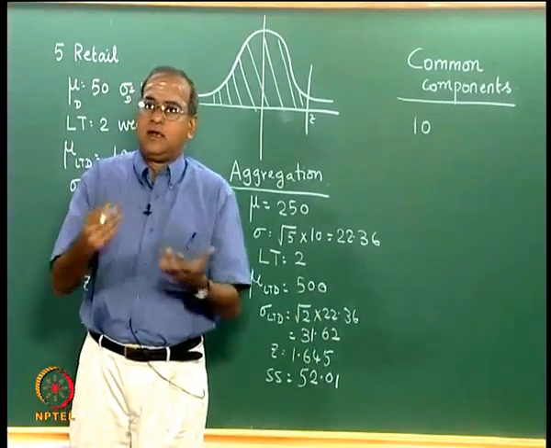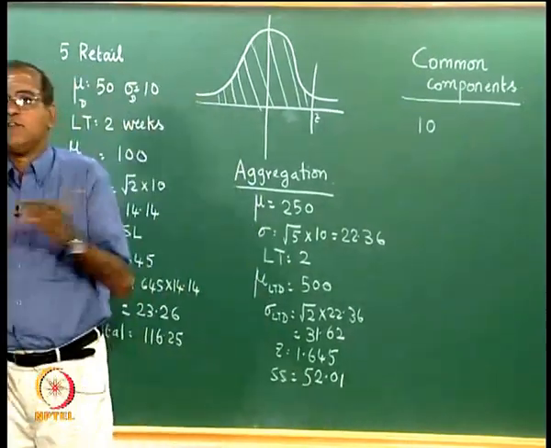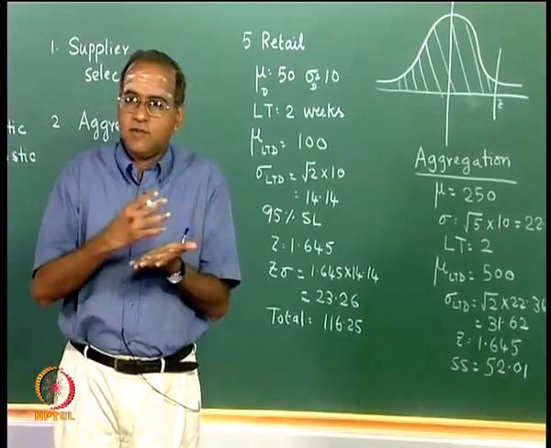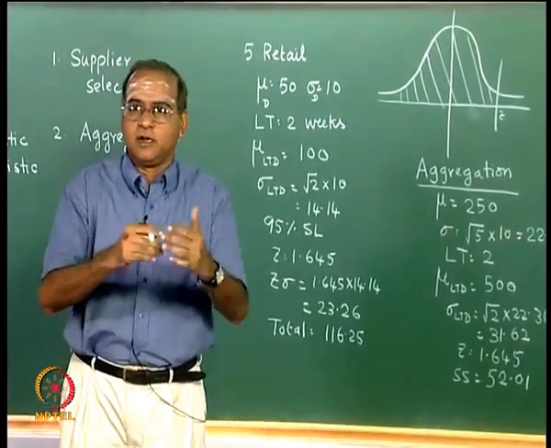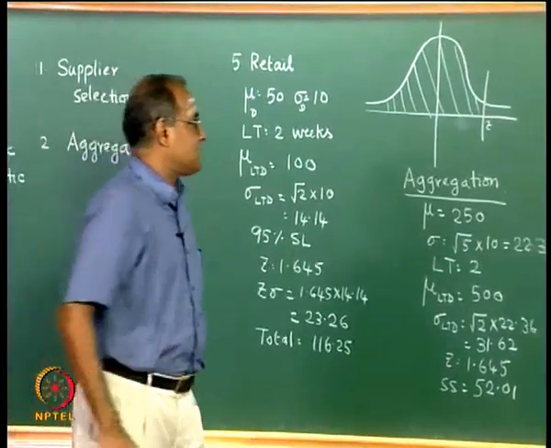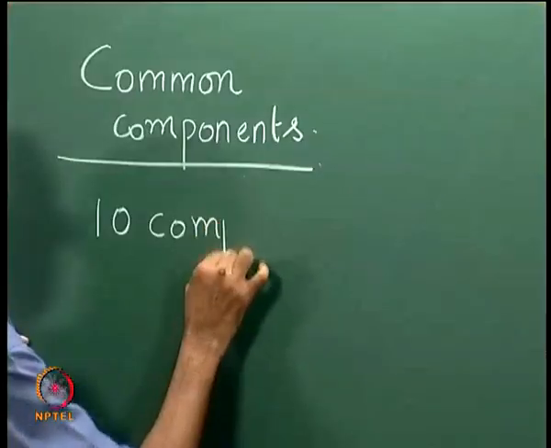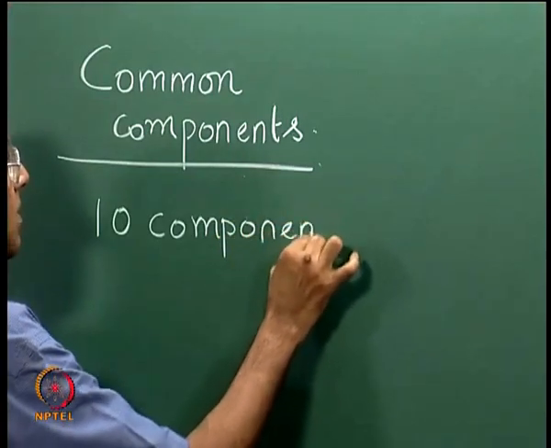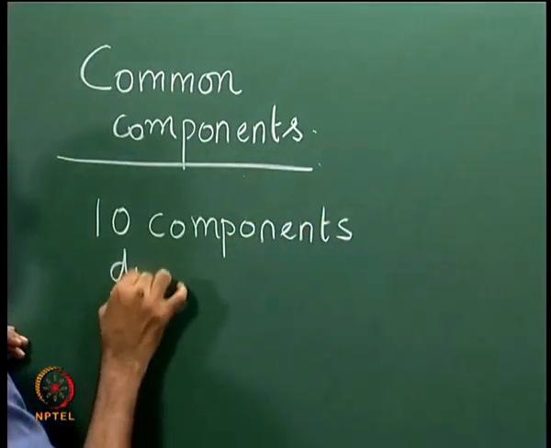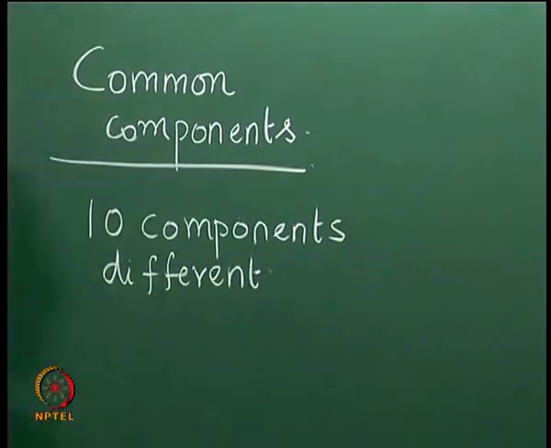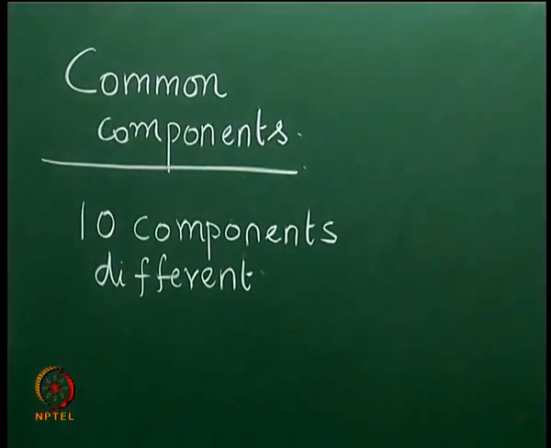Nowadays electronic items come with a lot of variety, and since there are lots and lots of variety, each variety essentially constitutes a particular product. So, let us assume that there are 10 different types of components, 10 different components go into the final assembly.